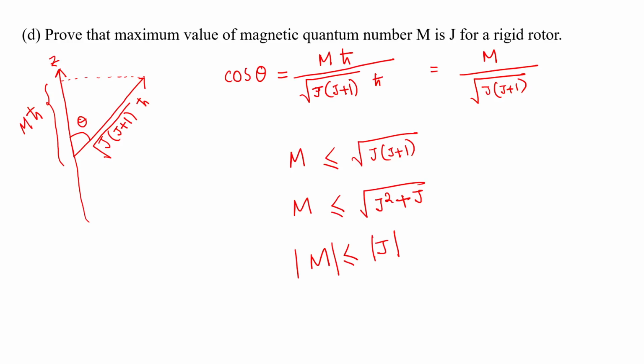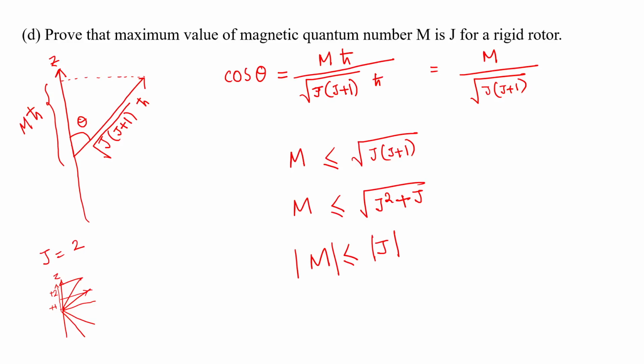So suppose when j equals to 2, if this is the z axis, then this side is plus 2, plus 1, 0, minus 1, minus 2. Right? So there could be 5 orientations in space for your angular momentum operator.